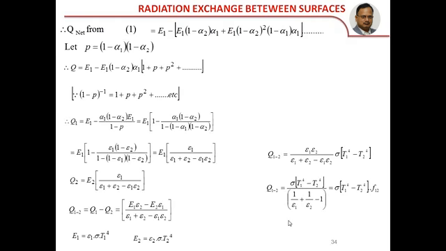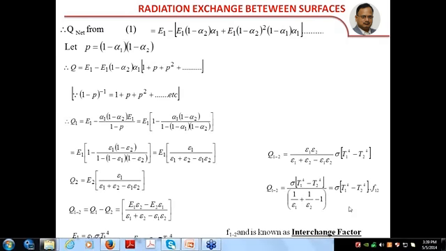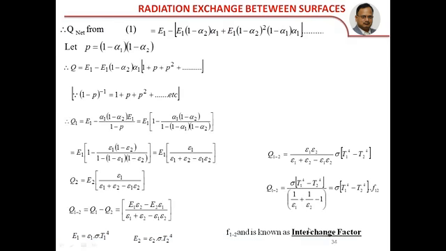So Q12 is equal to sigma (T1 to the power 4 minus T2 to the power 4) by (1 by epsilon 1 plus 1 by epsilon 2 minus 1). This can also be written as sigma (T1 to the power 4 minus T2 to the power 4) into F12, where F12 is equal to 1 upon (1 by epsilon 1 plus 1 by epsilon 2 minus 1), and is known as the interchange factor.